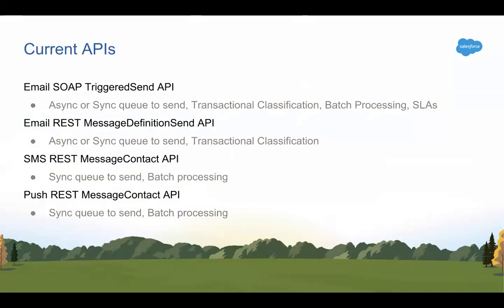We also have a REST endpoint as well. It's effectively a wrapper for our SOAP, but it does allow you to use REST patterns to an extent to send triggered emails. Then on SMS and push, those are purely REST, and they exist as their own independent services.